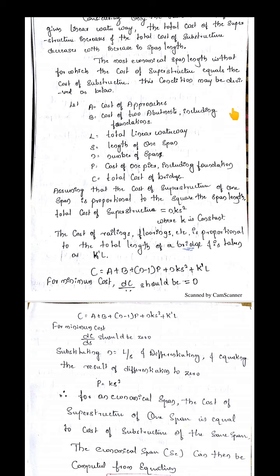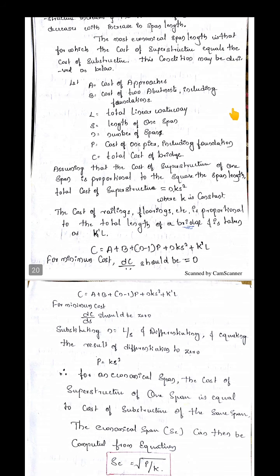So d by dS of A is 0, and d by dS of B is also 0, since B is also a constant, plus n minus 1 times P.